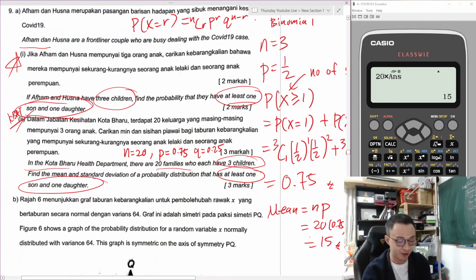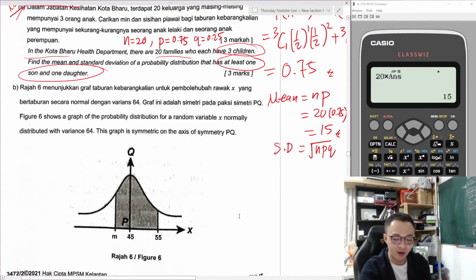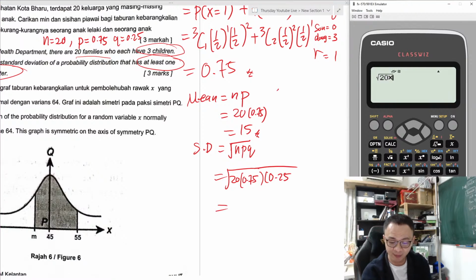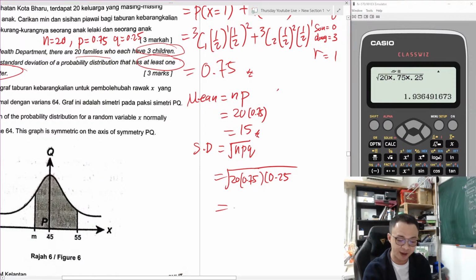And then you definitely understand the standard deviation is the square root of npq. So the square root of n is 20, p is 0.75, and q will be 0.25. 20 times 0.75 times 0.25 gives 1.9365. This is my standard deviation value.